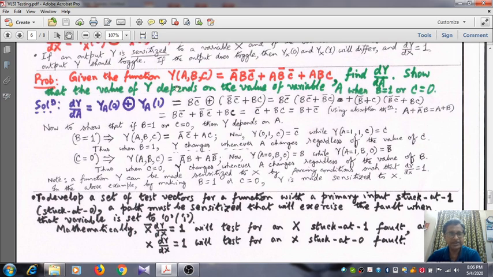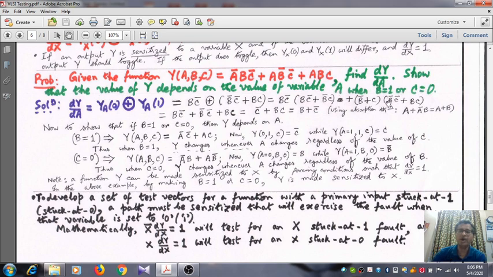Take a function y of abc equal to a bar b c bar, a b bar c bar, and abc. These 3 product terms are there. Find dy/dA, the Boolean difference of y with respect to a, and show that the value of y indeed depends on the value of the variable a when b equal to 1 or c equal to 0.